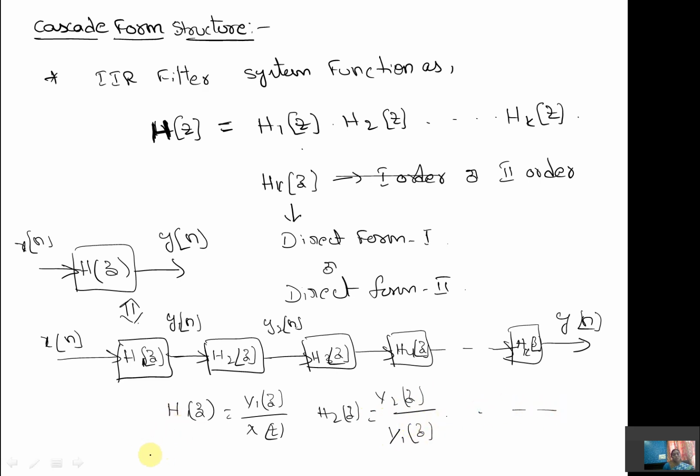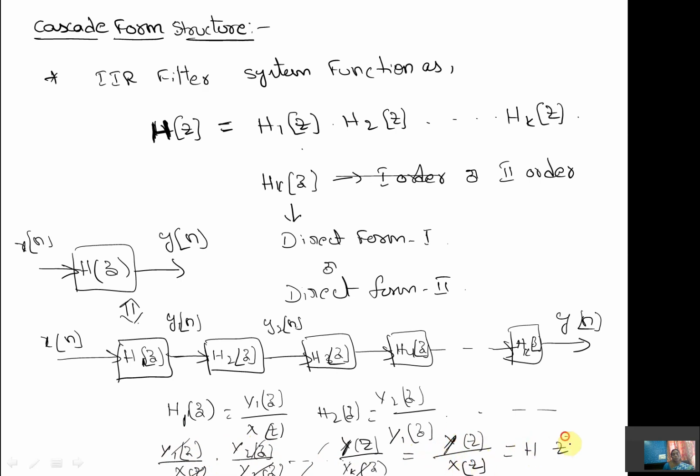In this way, if you multiply all the individual transfer functions, up to Y(z) by Yk(z), assume like that, all these values get cancelled. Now we can get Y(z) divided by X(z), that is nothing but H(z).